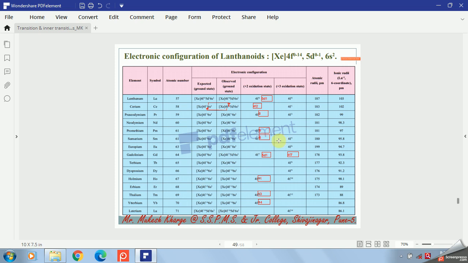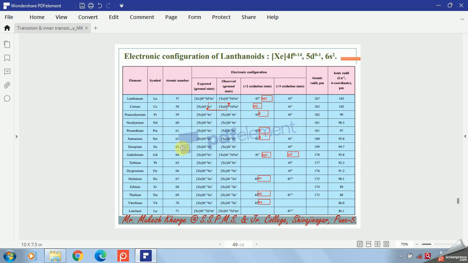Okay. Then europium, atomic number 63, the electronic configuration is the same for observed as well as expected, and it is xenon 4f7 6s2. So this is the stable electronic configuration because 6s is completely filled and 4f is half filled.